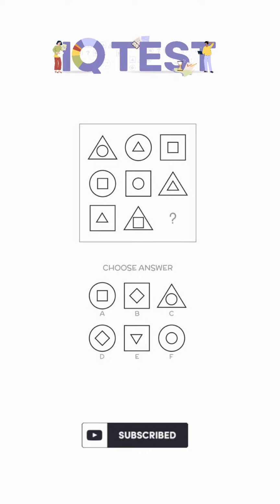Okay, so Shukla has F. Yes, because if you look at it diagonally, you have a triangle with a circle inside.